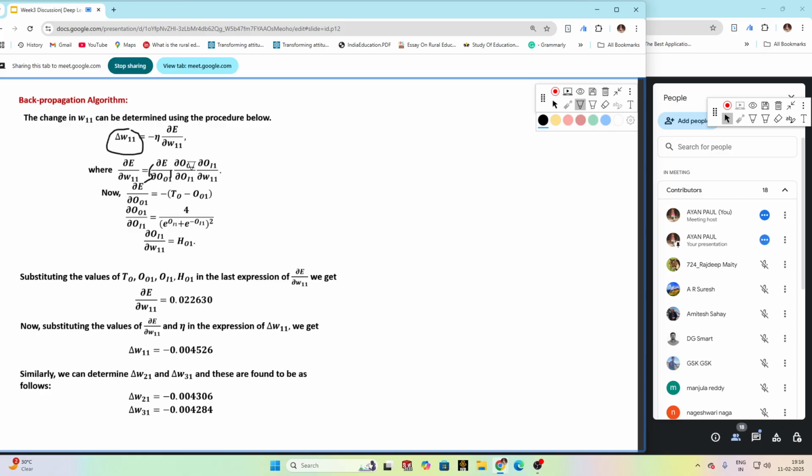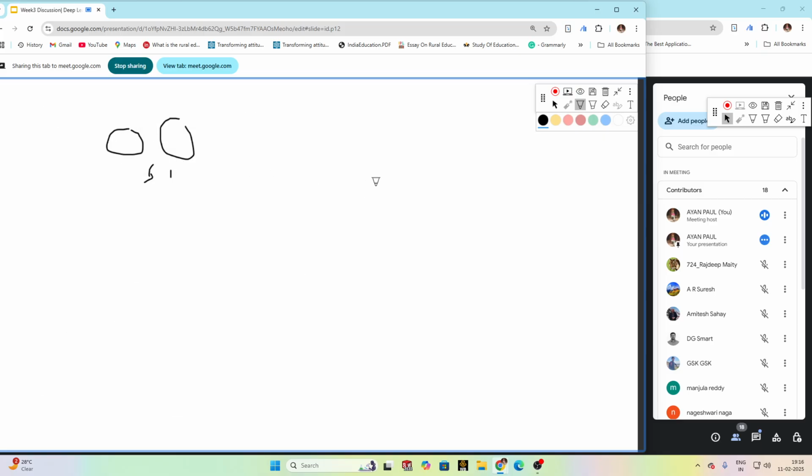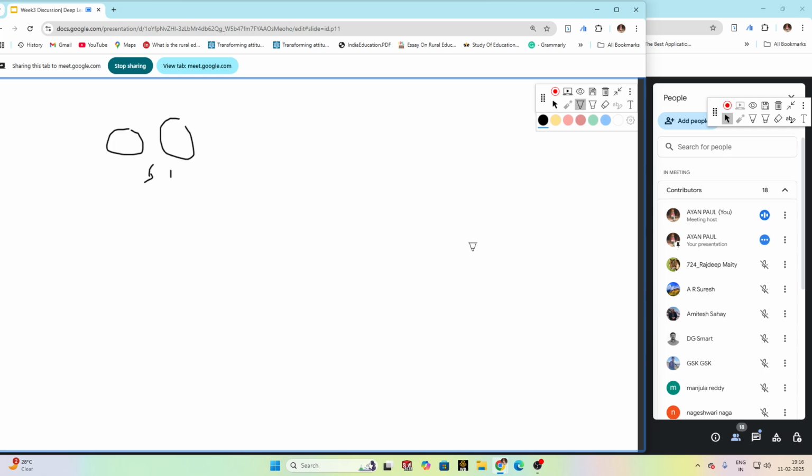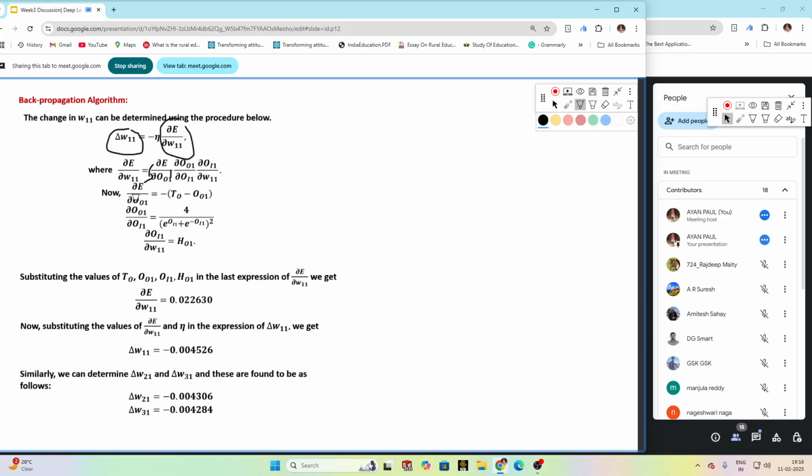We apply the chain rule because we cannot calculate this directly. Whenever we apply the chain rule we have to derive each term. First, del E by del O01: E is our function, E equals half (TO minus O01) squared, where TO is the true output and O01 is the predicted output. You just differentiate it, and this is the result.